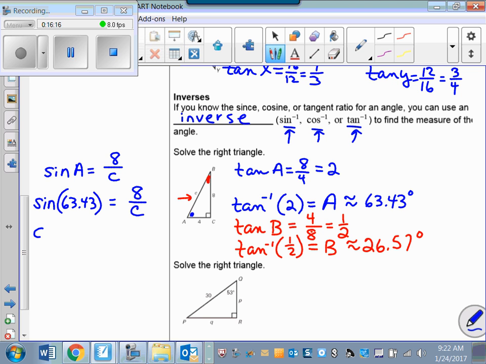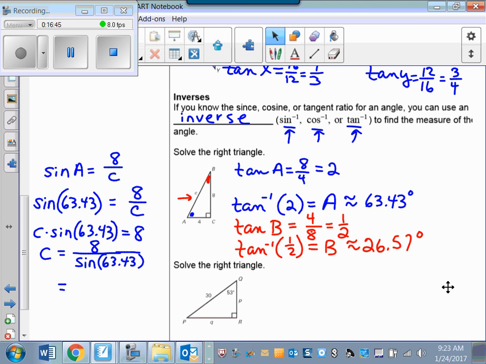So I know that C times sine 63.43 equals 8. I just cross multiplied, that's what I did. And now to solve for C, I have to divide both sides by the sine of 63.43. So let's do that with our calculator.